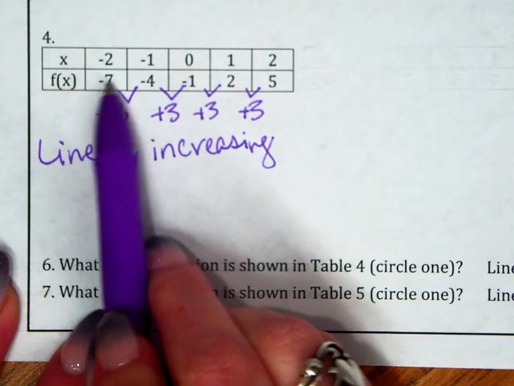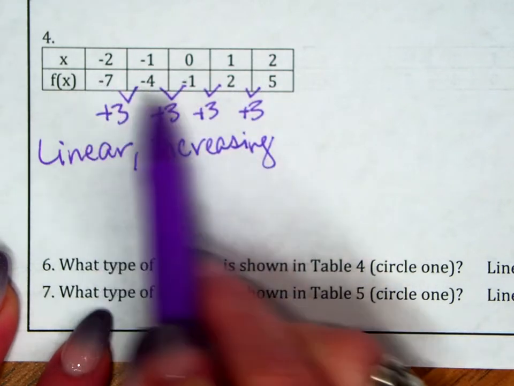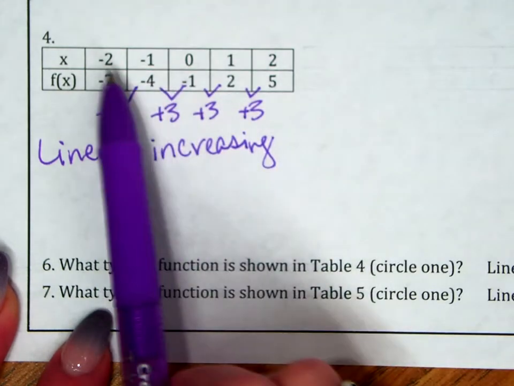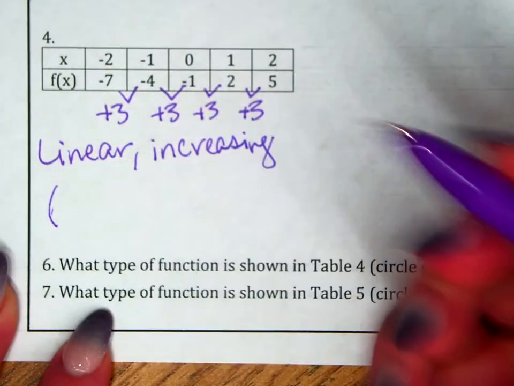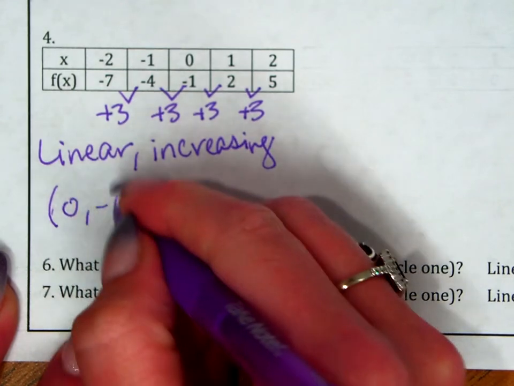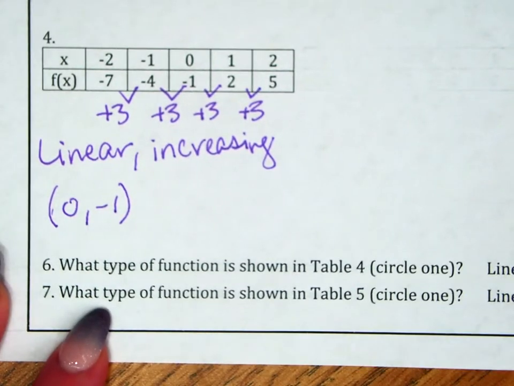Well, if I look here, I don't see where y equals 0. But if I look where x is equal to 0, that's my y-intercept. So I can at least write my y-intercept down, which is 0, -1. And then my x-intercept is going to be when y is equal to 0.